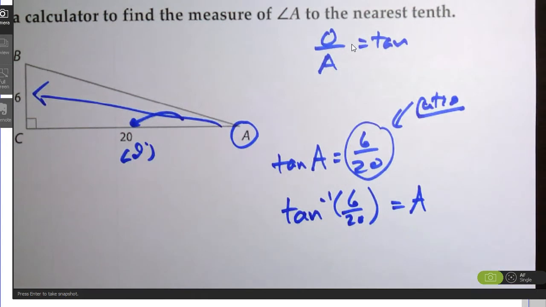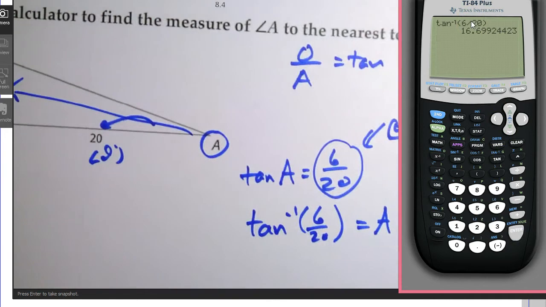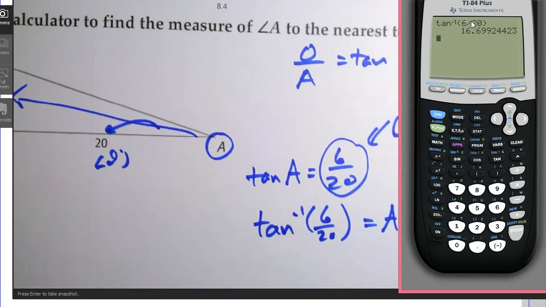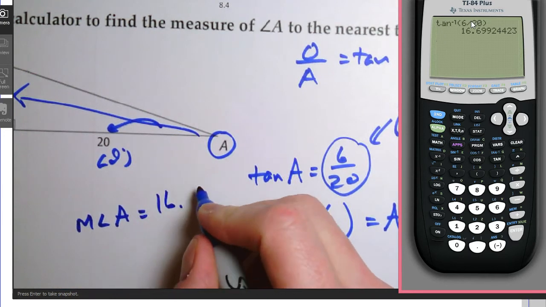So go to the calculator. Second tangent of 6 divided by 20, and I get 16.7 degrees. It says nearest tenth. So the measure of angle A equals 16.7 degrees.